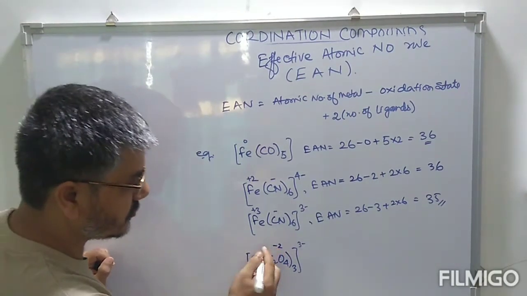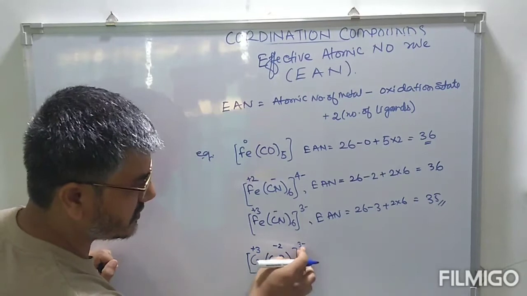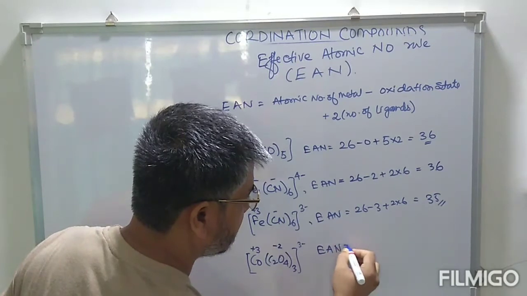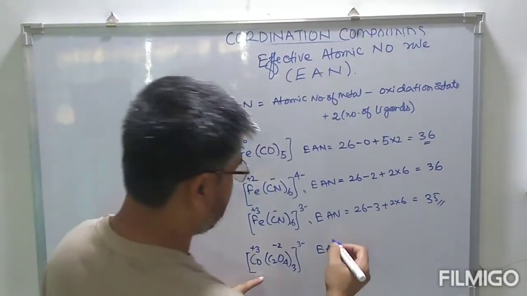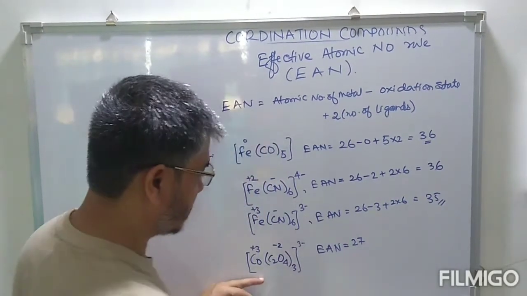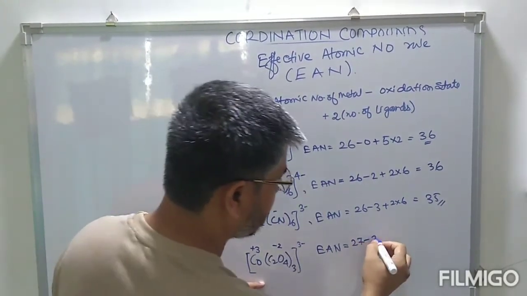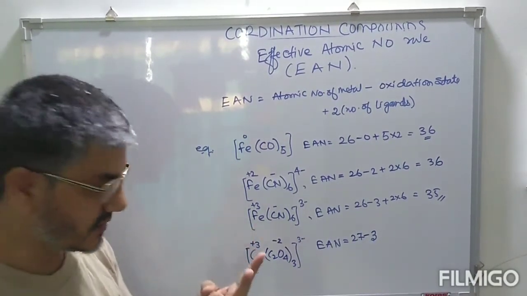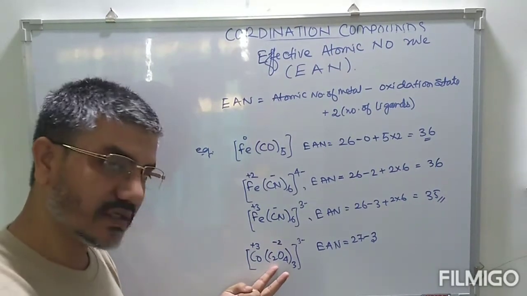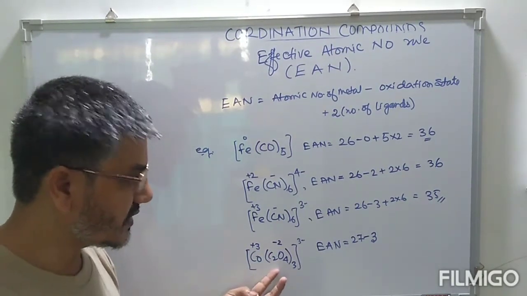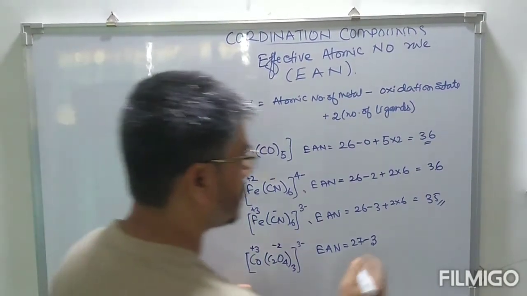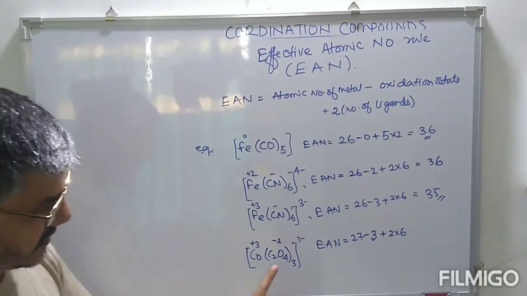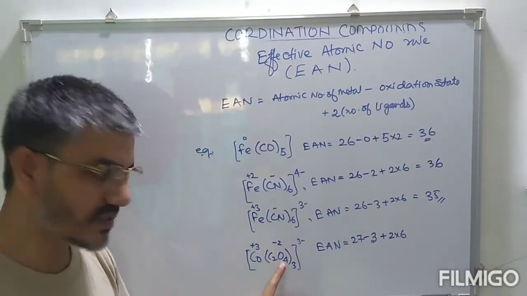The total positive charge should be plus 3. So the total charge comes out to be minus 3. So effective atomic number of cobalt: cobalt is 27 minus oxidation state 3. Now look at this. This is a bidentate ligand. Denticity is 2. So how many ligand atoms are there? 6. And each ligand atom will donate a pair of electrons, so 2 into 6. So again, number of ligands is 3, but denticity is 2.